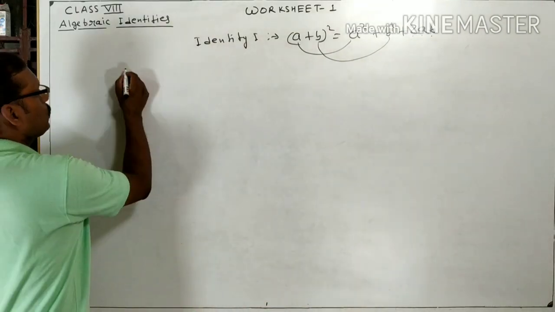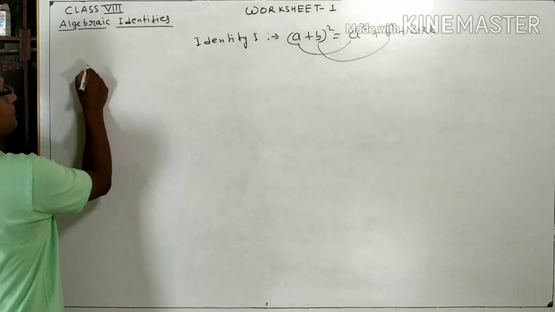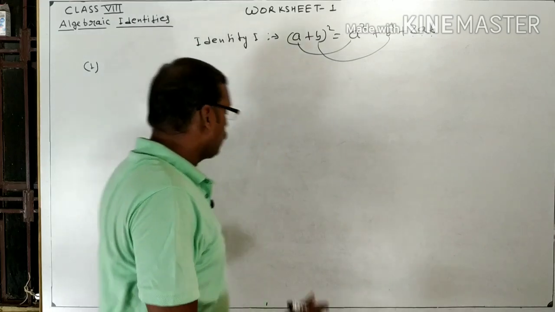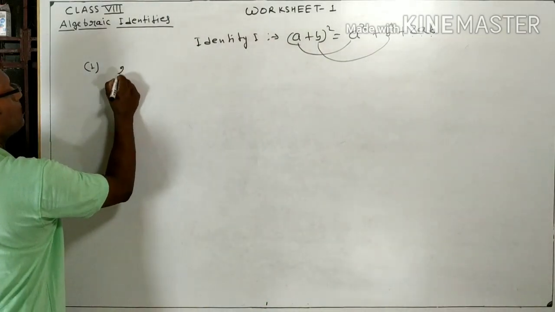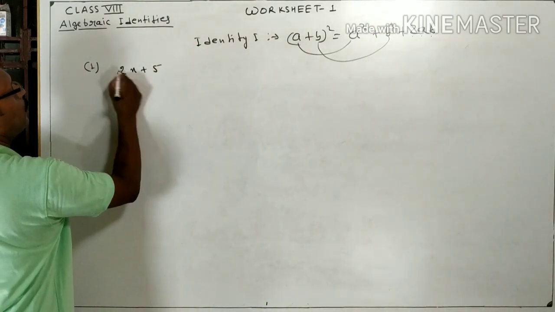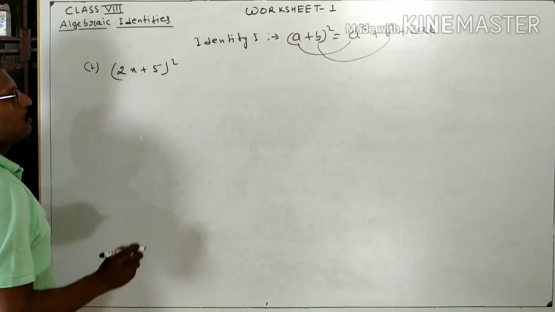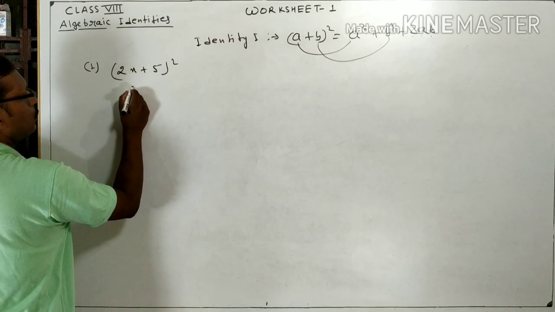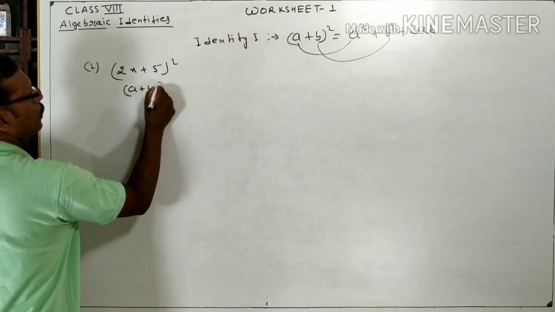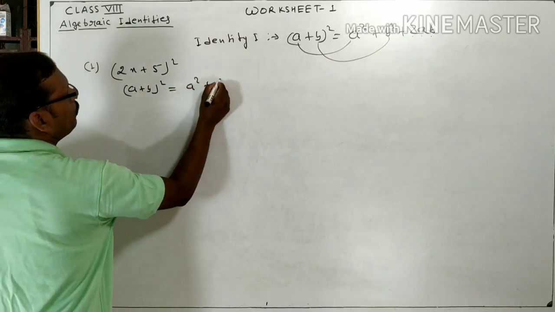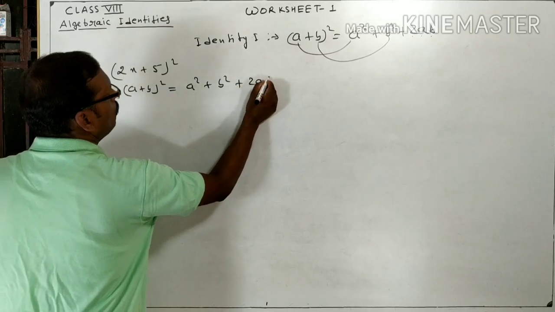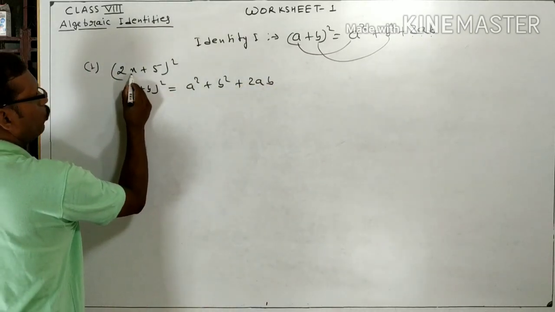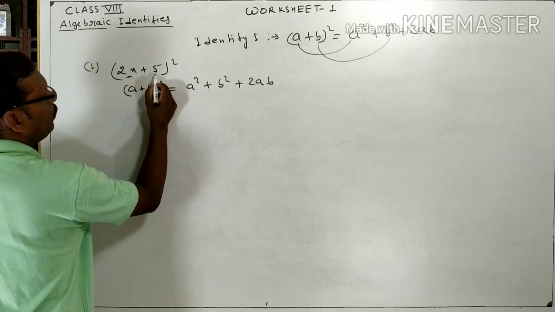So in worksheet 1, question number 1, we have to find the value of (2x plus 5) whole square. So we know that (a plus b) whole square equal to a square plus b square plus 2ab. Here in place of a we have 2x and in place of b we have 5.